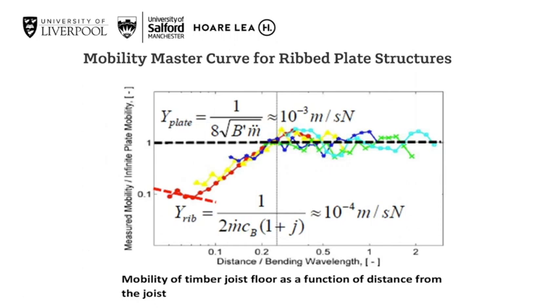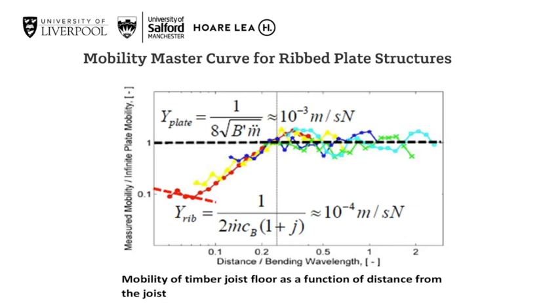And at the ribs, you generally get a mobility value of about 10⁻⁴. So this mobility master curve for rib plate structures is quite useful, because it helps you in your initial design or predictions in the absence of any measurement or thorough prediction exercise.